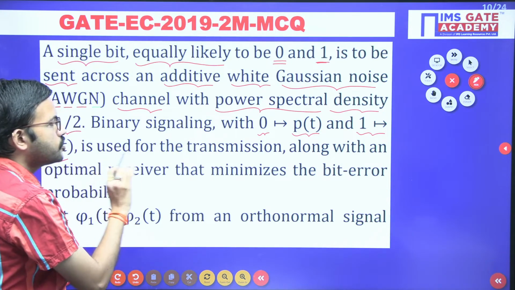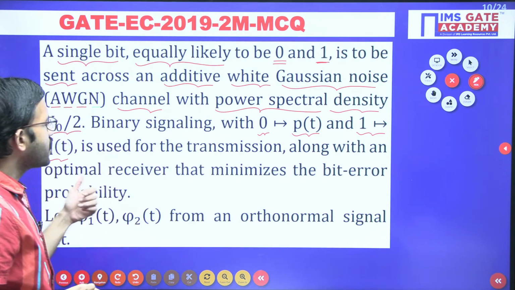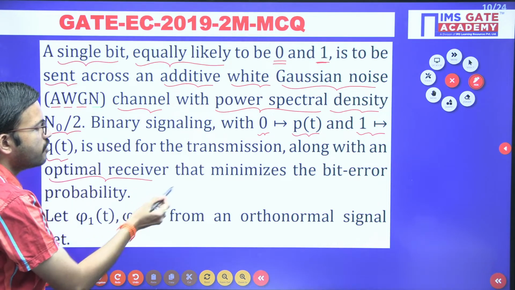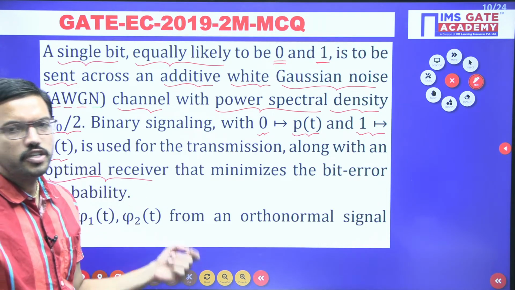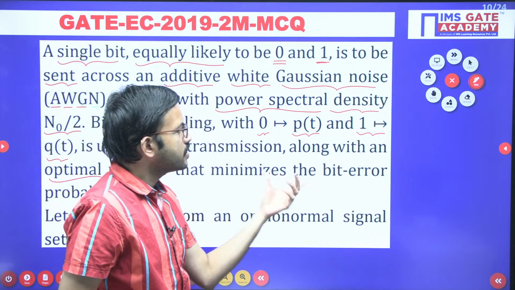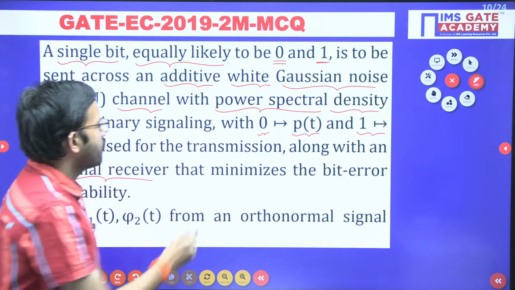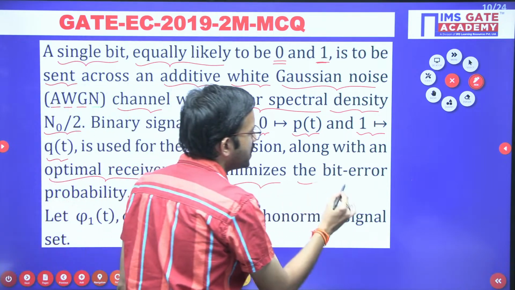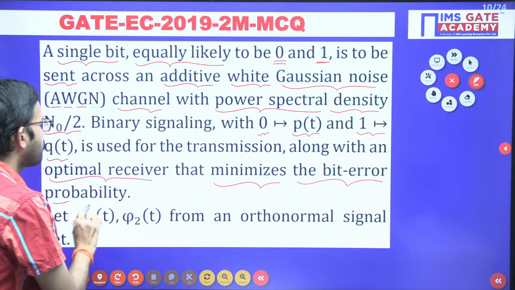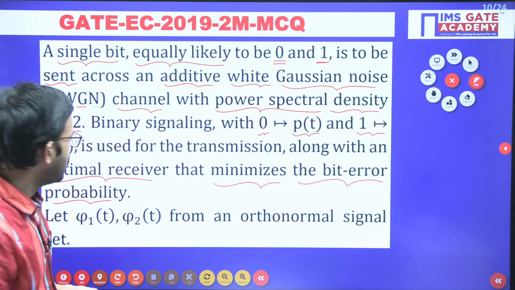And it is used for the transmission along with an optimal receiver. With the help of the optimal receiver, you are going to minimize the bit error. Whenever you want to minimize the bit error rate, that time we will use an optimal receiver, right?